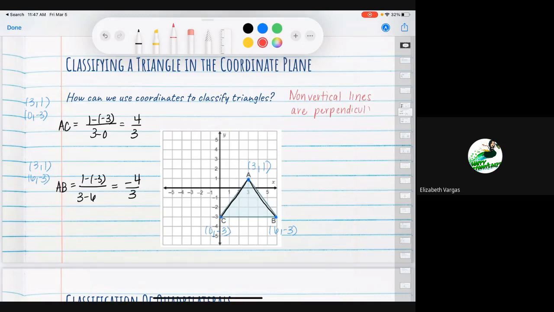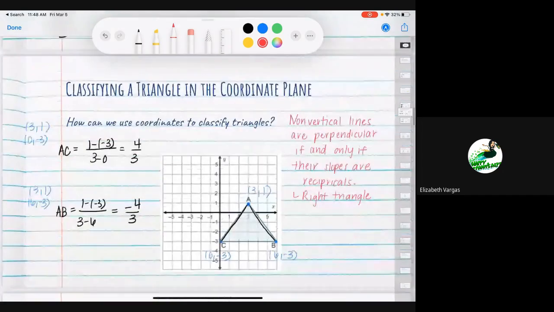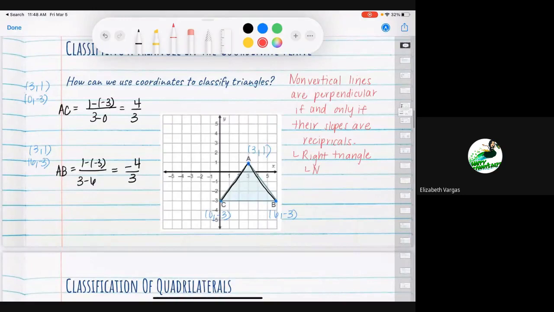Non-vertical lines are perpendicular if and only if their slopes are opposite reciprocals. So basically, if we want to determine if something is a right triangle, then the two slopes of the non-vertical lines need to be negative reciprocals.